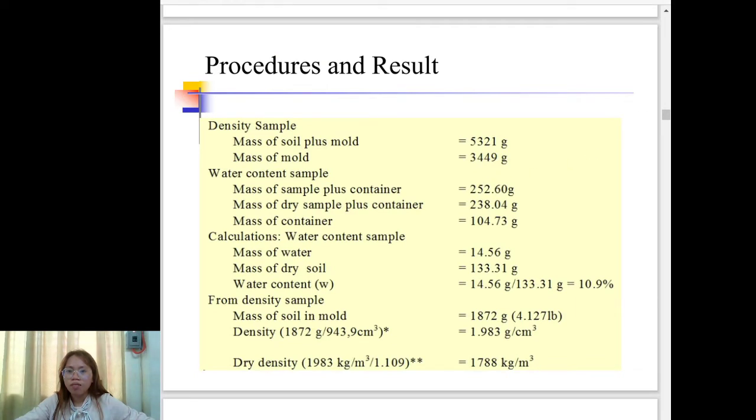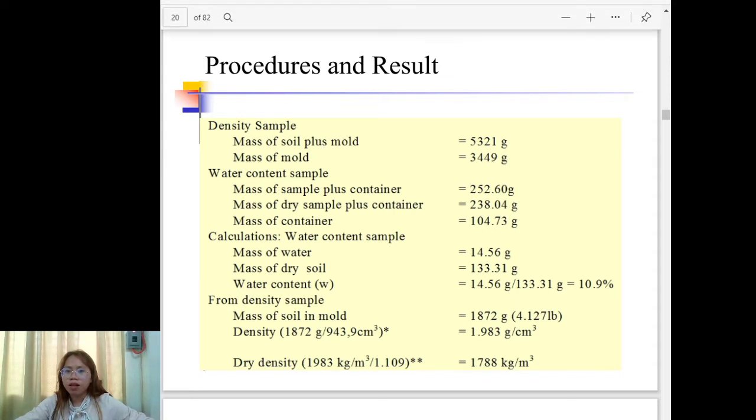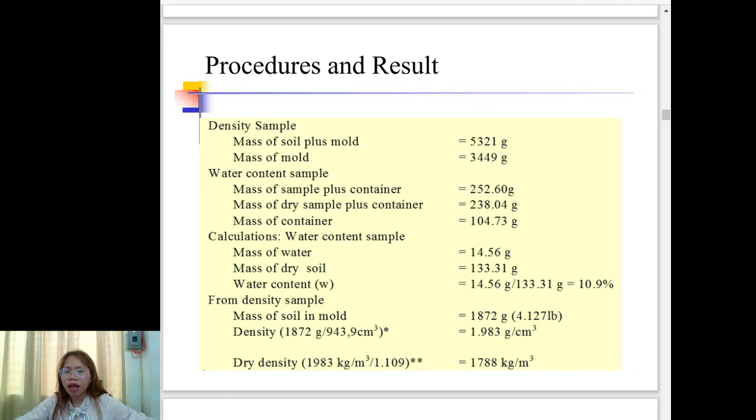Alright, example, this one, no? We have the density of the sample. To determine the density of the sample, given the mass of soil plus mold. So this is the mass of moist soil plus mold, that is 5,321 grams, and the mass of the mold, this one, no? And the water content sample, the mass of sample plus container.